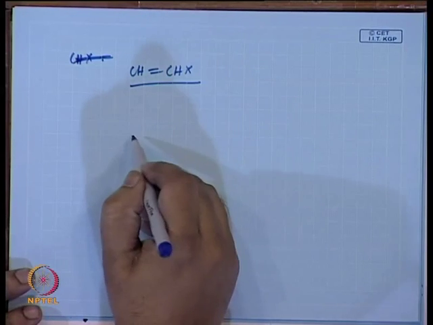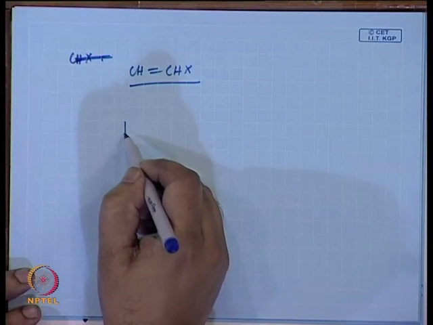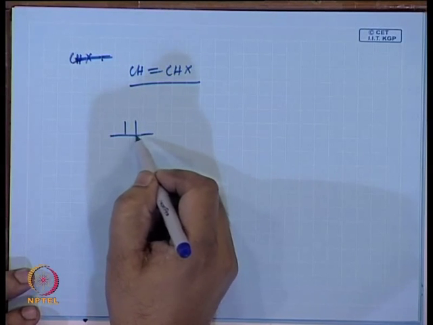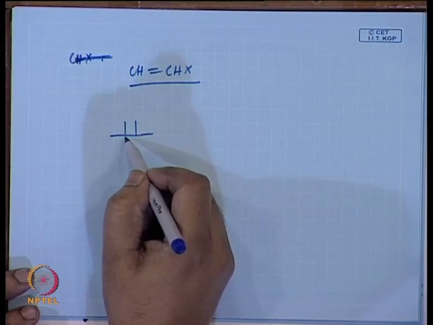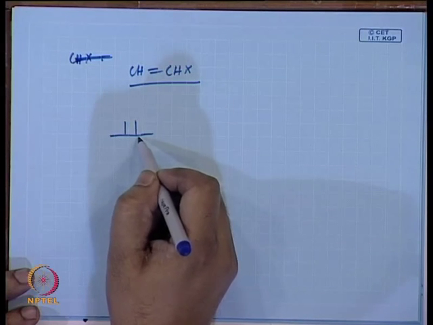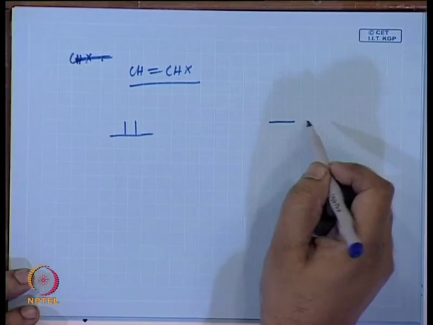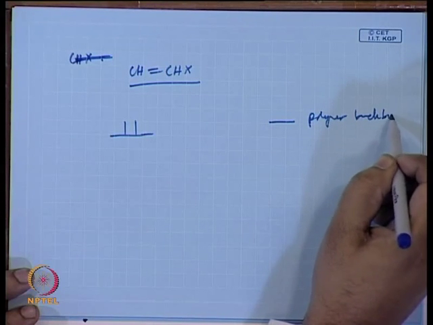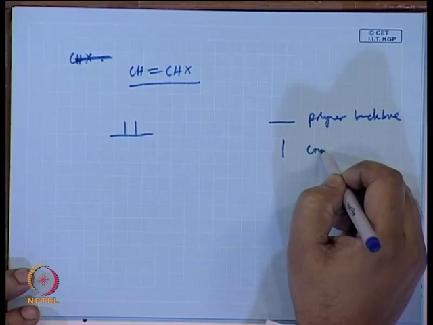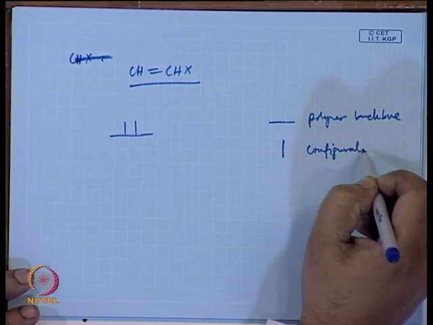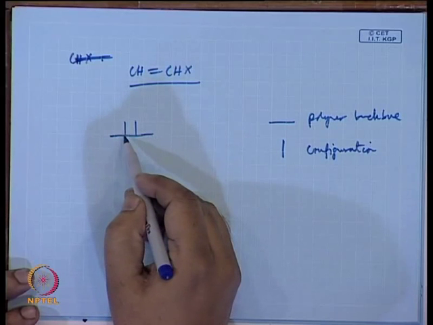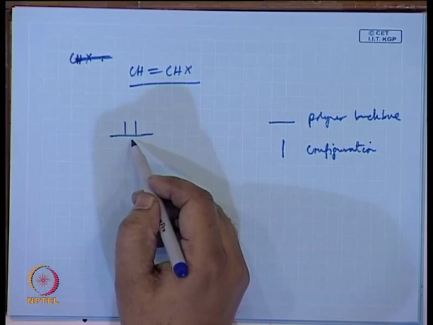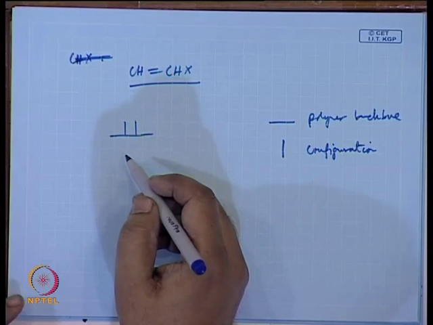Now, if we write two asymmetric pairs of carbon atoms, the horizontal line is your polymer backbone, and these lines give you the configuration of the carbon atom. In this case, both asymmetric carbon atoms have the same configuration.